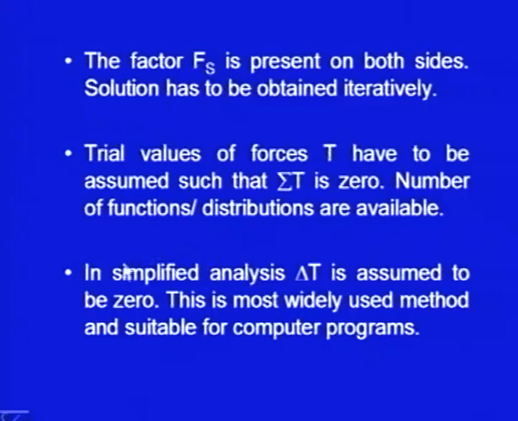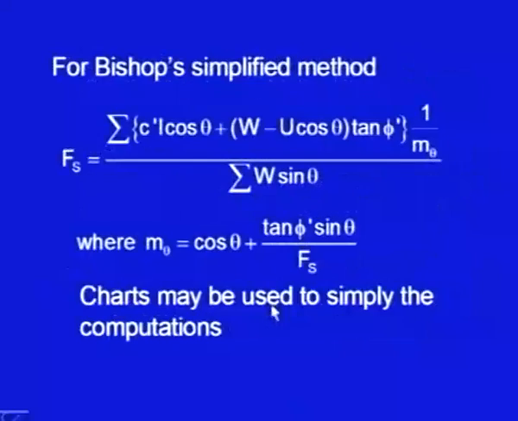This is called the simplified Bishop's method, and this method is the most widely used method. It is very suitable for computer programs and gives reasonably accurate results. Even with neglecting these T values, it gives quite reasonable values.